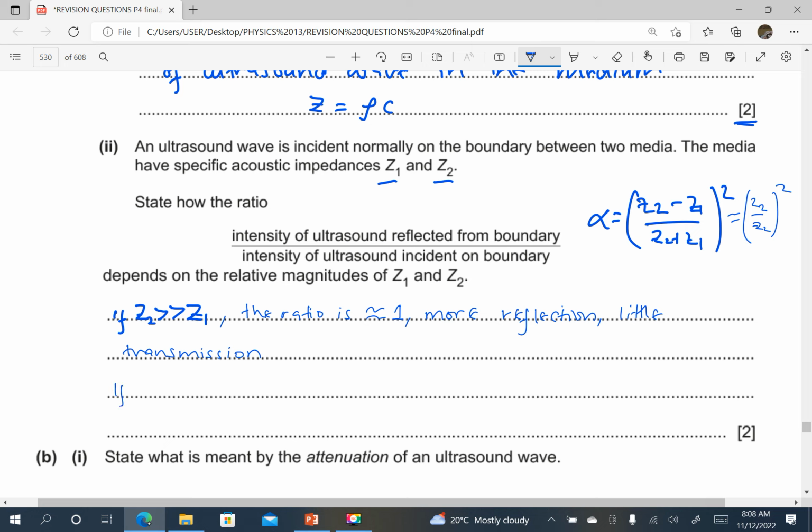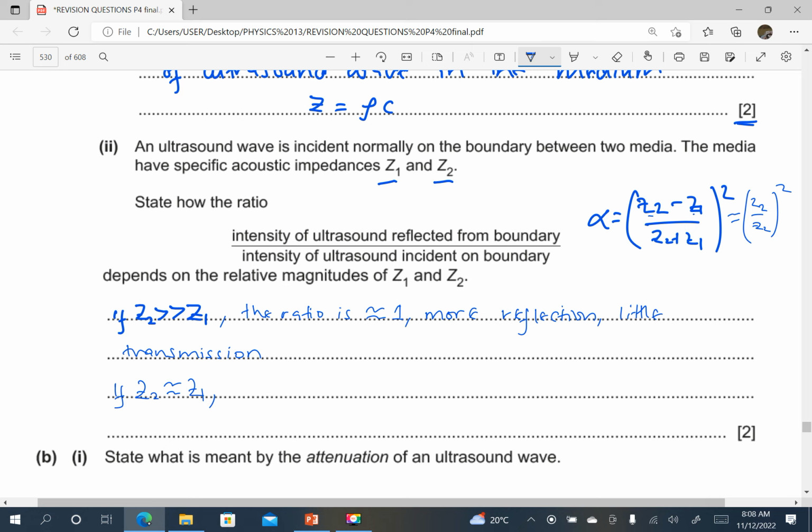How about if Z2 is now very close to Z1, approximately equal to Z1? If Z2 and Z1 are approximately the same, that means when I subtract them, I get approximately 0. That means in the numerator I have 0. Of course, in the denominator it's not 0. So alpha is approximately 0. Remember, alpha is intensity reflected over incident intensity.